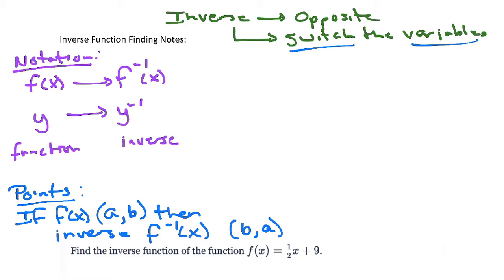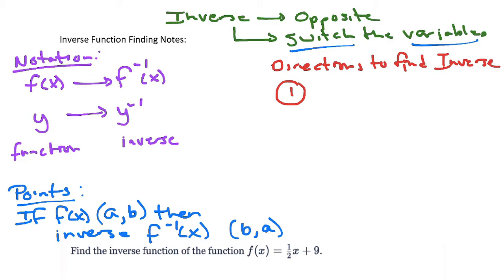So when we are finding an inverse, here are the directions. Directions to find an inverse. Hopefully you've gathered what the idea is. The first thing you're going to do is switch the x and y. Every y make an x, every x make a y.